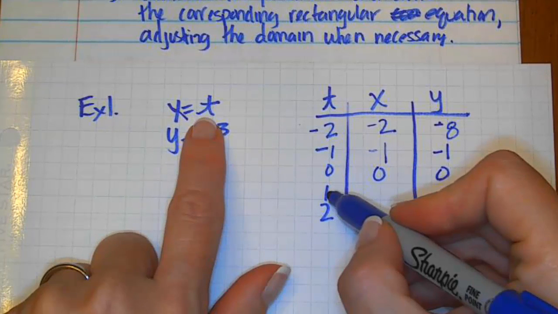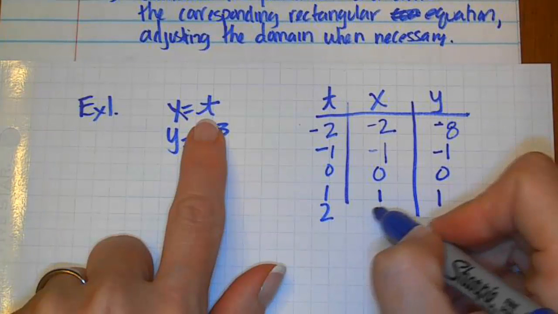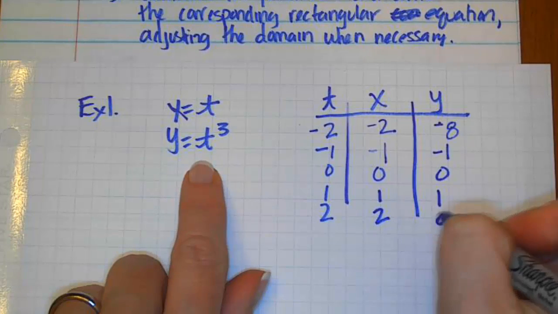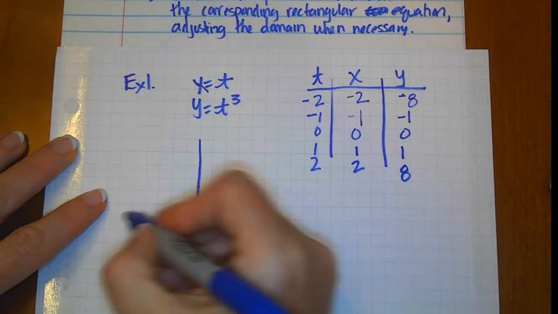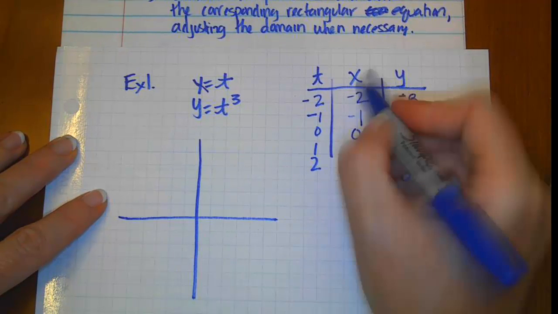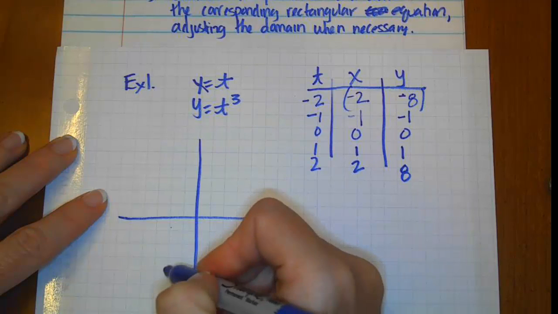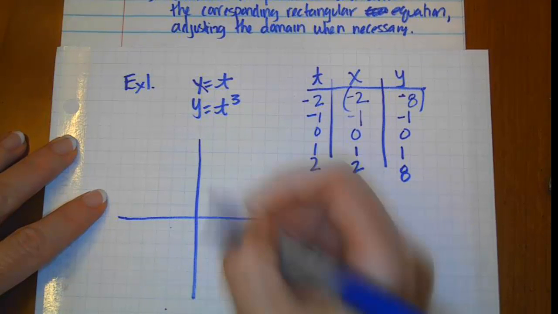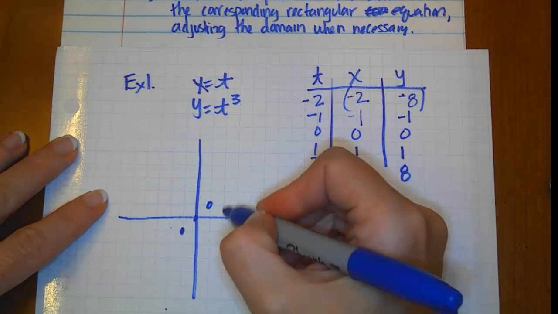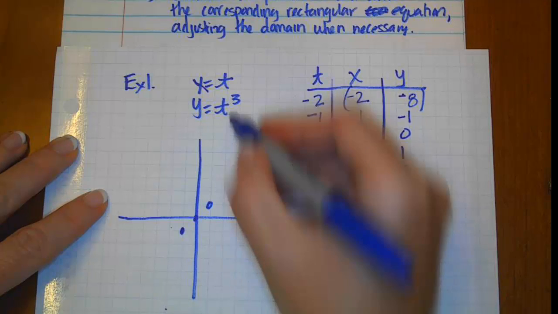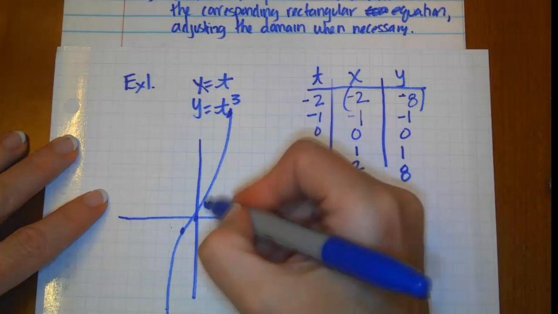When I substitute 1 into the x function, I get 1, and into the y, I get 1, and for 2, I get 2 and 8. So when I go to graph this, I would plot the points (-2, -8), (-1, -1), (0, 0), (1, 1), (2, 8), and I would graph. And wow, doesn't that look a lot like a cubic?